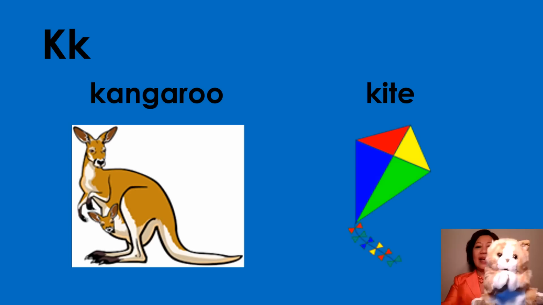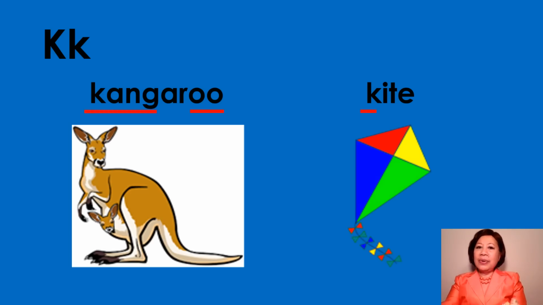K. K says K as in kangaroo. A kangaroo has powerful hind legs and small front legs. K. K says K as in kite. I fly my kite in an open space when it is windy.